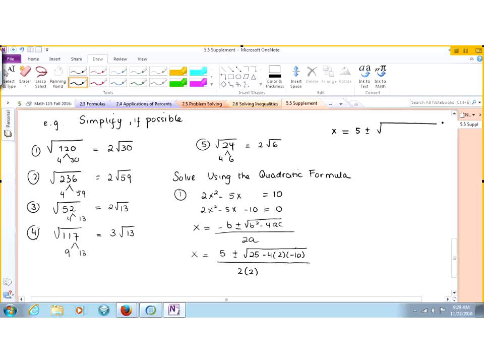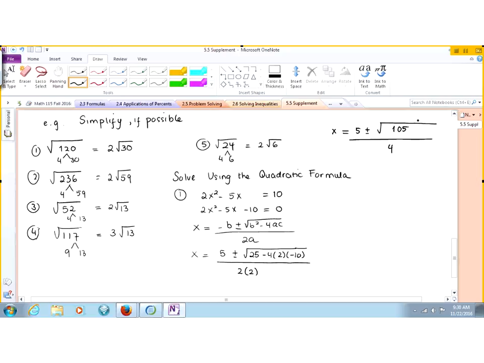5 plus or minus square root of, what is this? 25 plus, what? 25 plus 80? What is 25 plus 80? Oh, total is 105, yes.